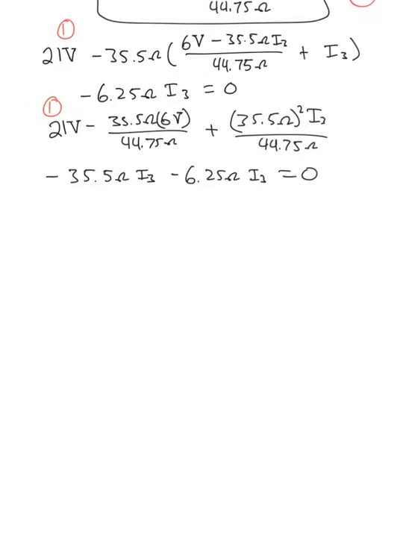Plugging this into a calculator, our first two terms combined give 16.24 volts. Our final terms, when we combine all of our I3 terms together, we get minus 13.59 ohms multiplied by I3, and that equals 0.